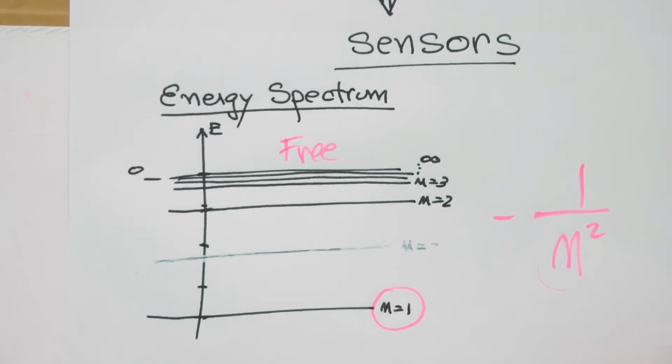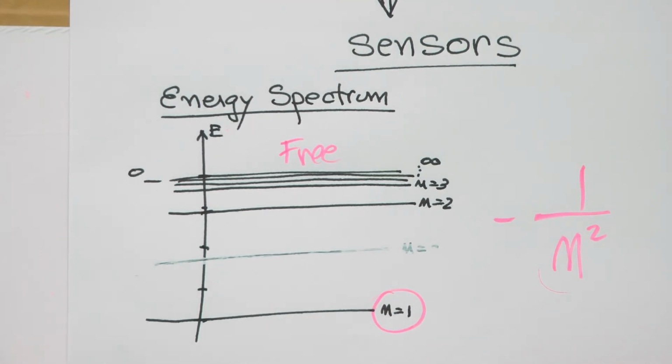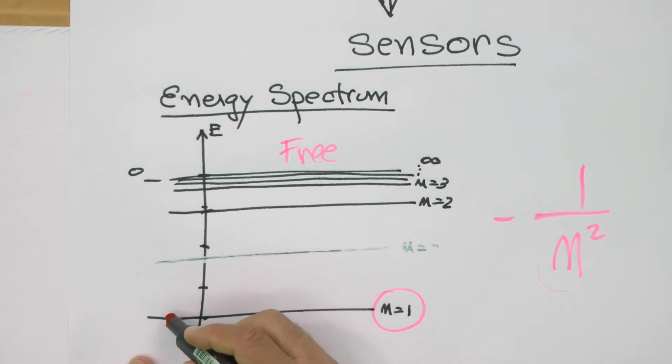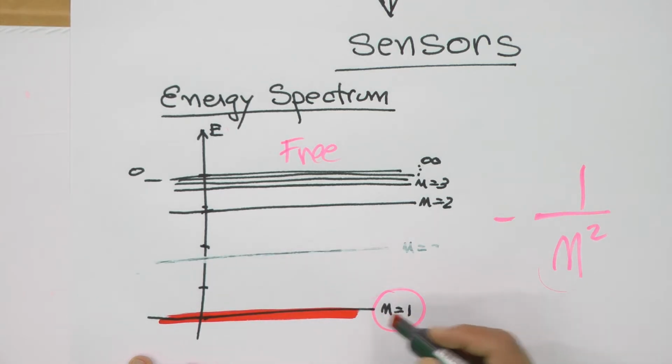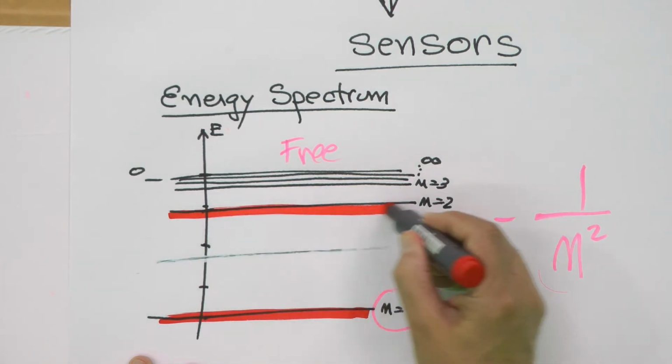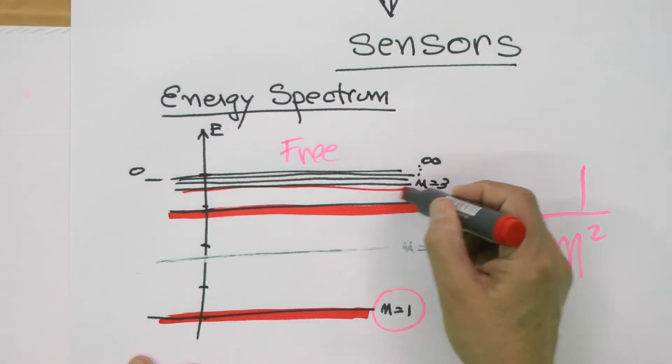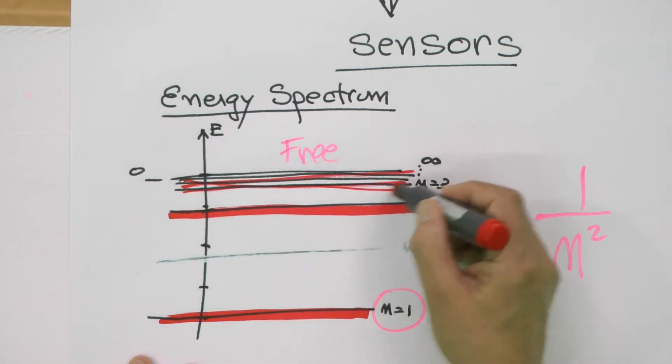When it reaches 0, the electron is free. We call this the continuum. Then the electron can have any energy. But up to this point, there are only a few values of energy that are allowed, and those are the states of the atom.